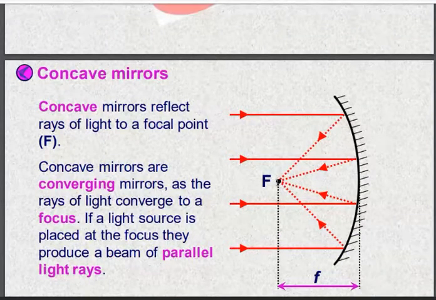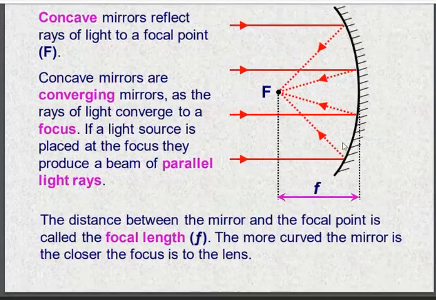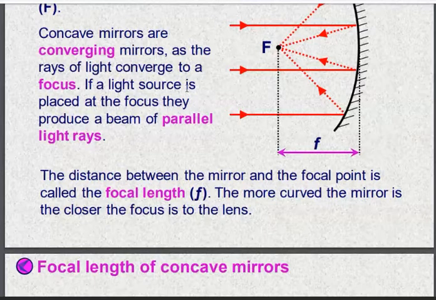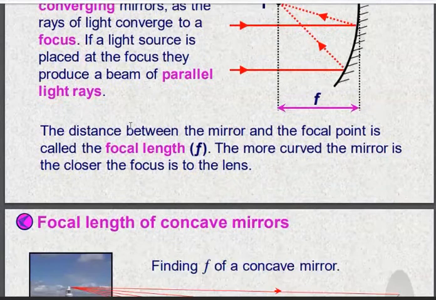Then the light ray will follow this path and after reflection becomes parallel. I have already discussed all this. So if a light source is placed at the focus, it produces a beam of light parallel to the principal axis. The distance between the mirror and the focal point is called the focal length, which is denoted by F.